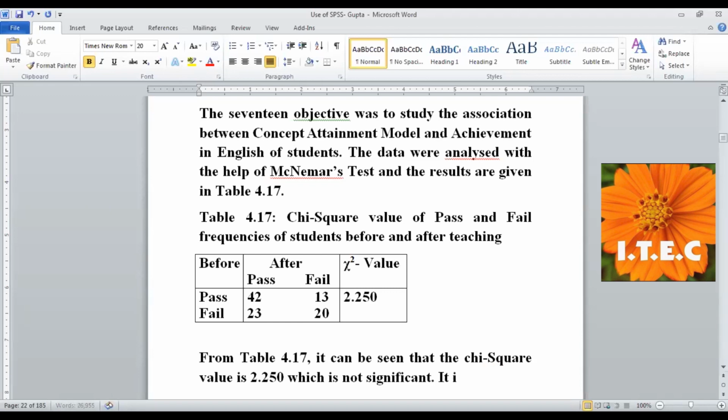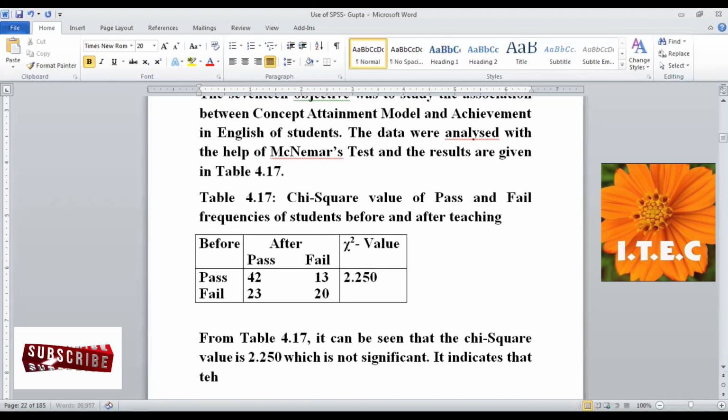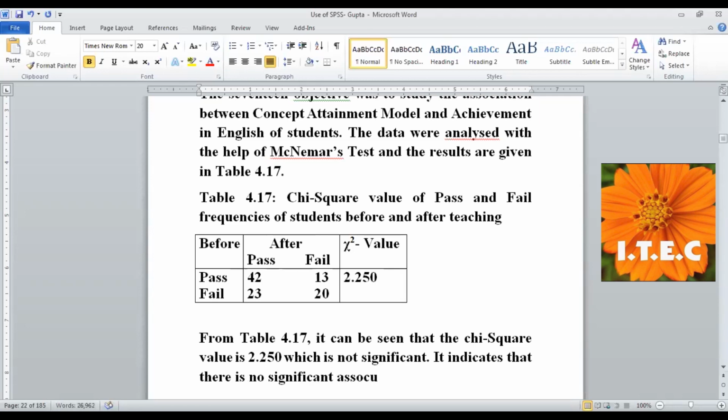It indicates that there is no significant association.